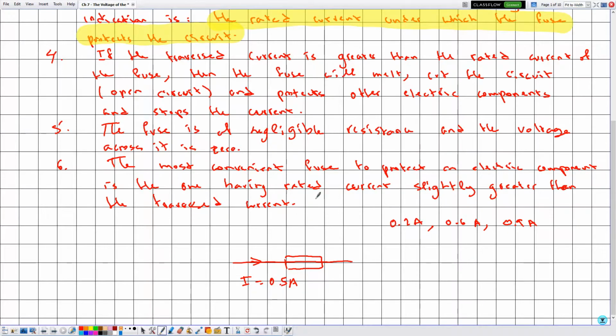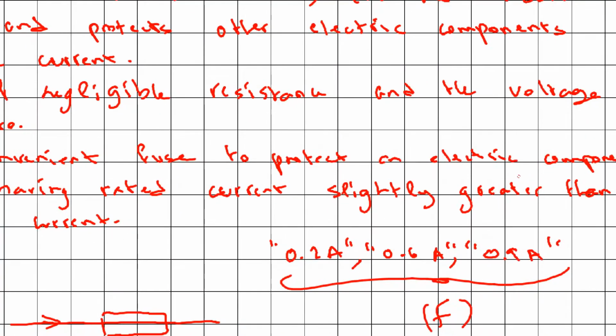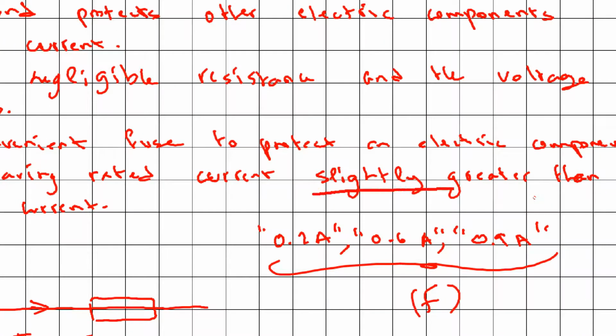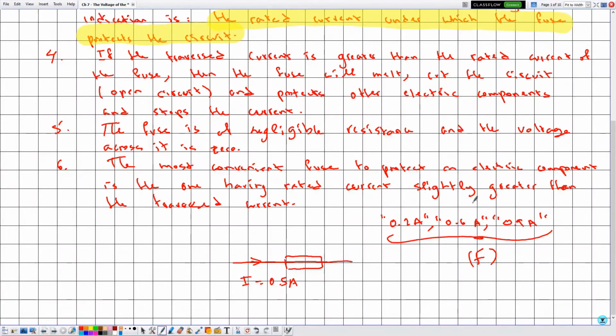These are the indications of different fuses, so each of these represents a fuse. They are telling me the most convenient fuse to protect an electric component is the one having a rated current slightly greater than the traversing current. Slightly greater means the closest.